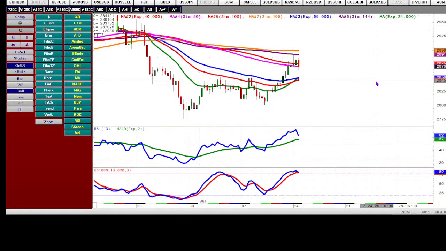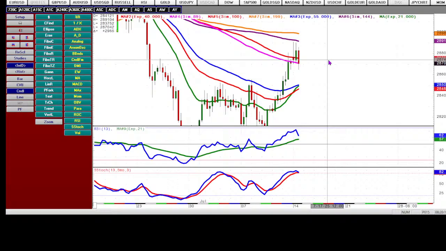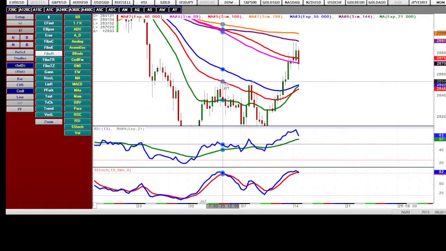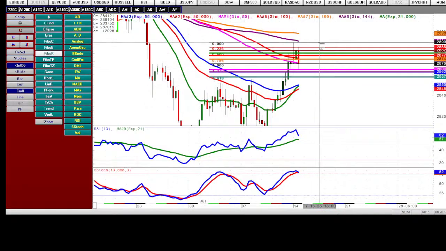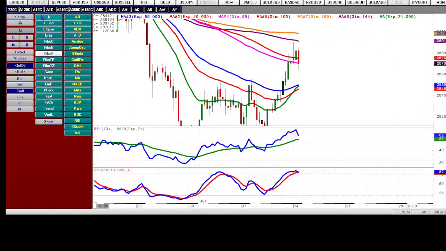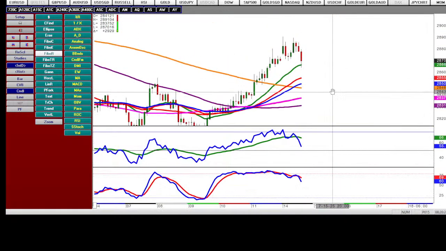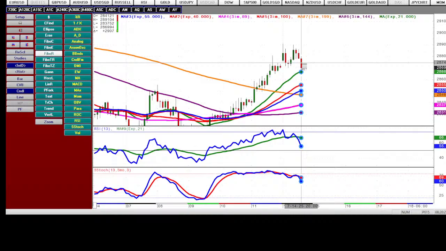So as far as this 360 is concerned, we have seen some weakness, and we expect this weakness to stall at 2862.